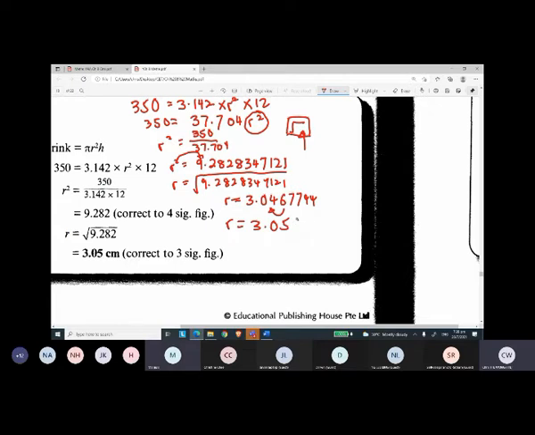Or if you want 3 decimal places, it can be 3.468, right? So you must put down how many decimal places you are using, provided they never tell you. So you choose. Okay, I just use 3 decimal places.